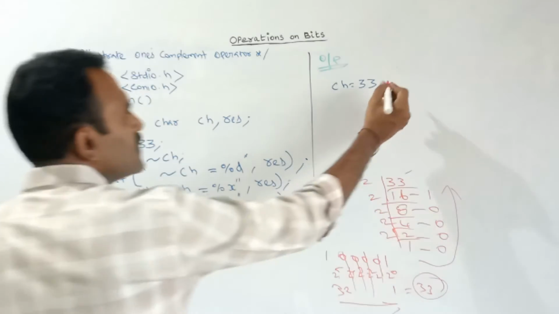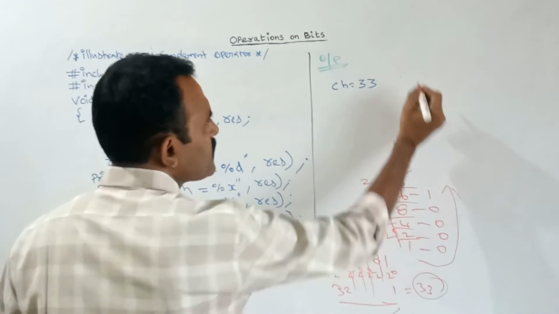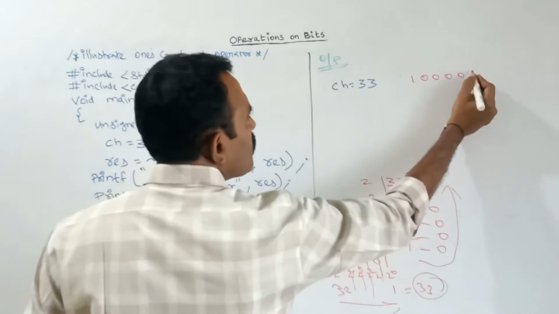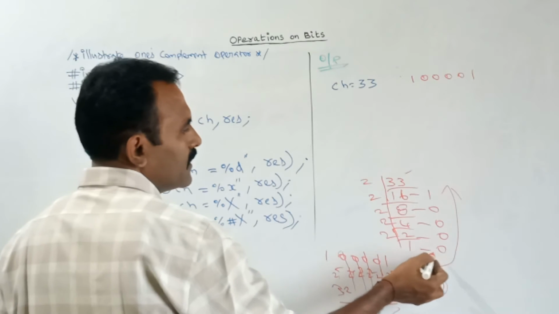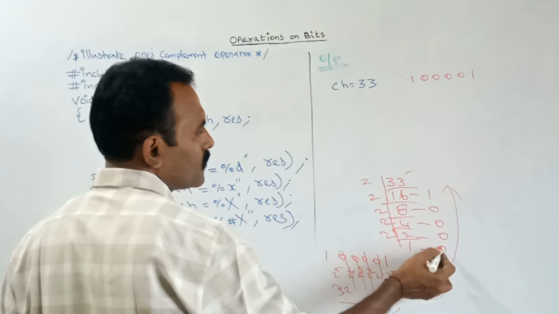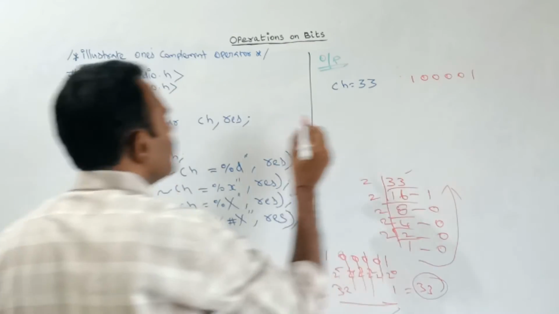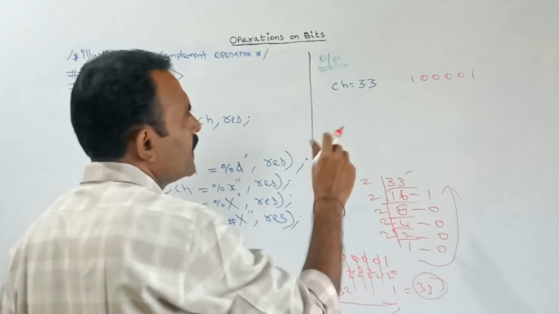So while storing this decimal value in binary, it will be stored like this. Totally it occupies up to 6 digits. For an unsigned character it takes up to 8 bits.